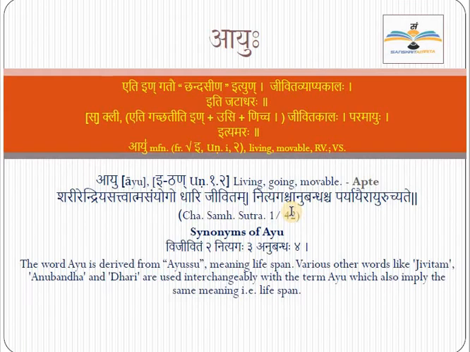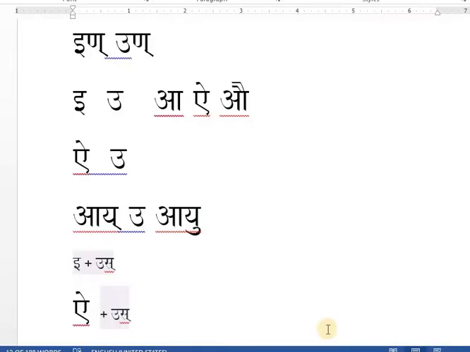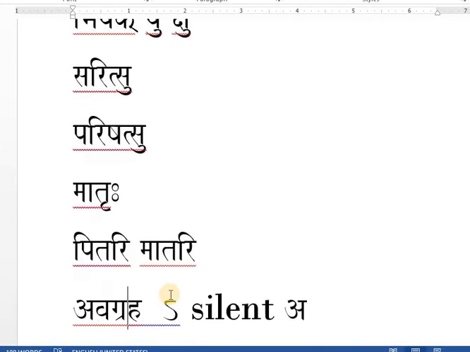Cha means and, and cha plus another word joined is anubandha. So nitya gaha is one synonym, another is anubandha. Again visarga converts to palatal sha, and then cha again means and. So nitya gaha and anubandha, like this. Now let me just tell you something in between this sloka explanation.